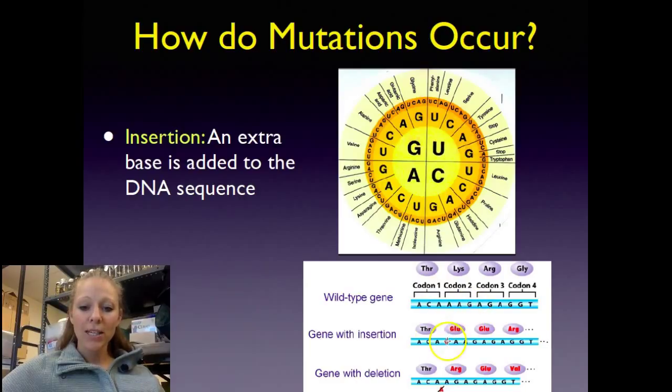If there's a G that's inserted right here, we then have ACA, GAA. GAA codes for glutamic acid. And then it changes everything after it. It codes for another glutamic acid and an arginine because all of the nucleotides got shifted over, so this is called a frame shift. And this occurs when there's an insertion.